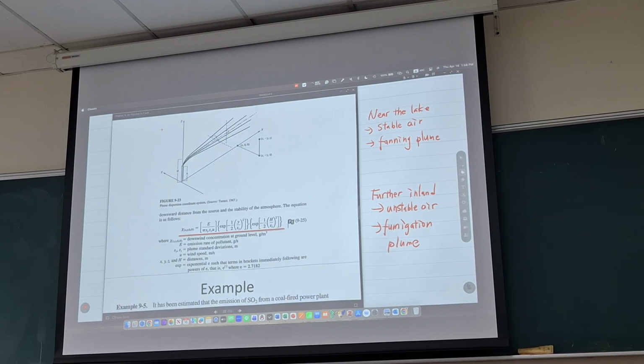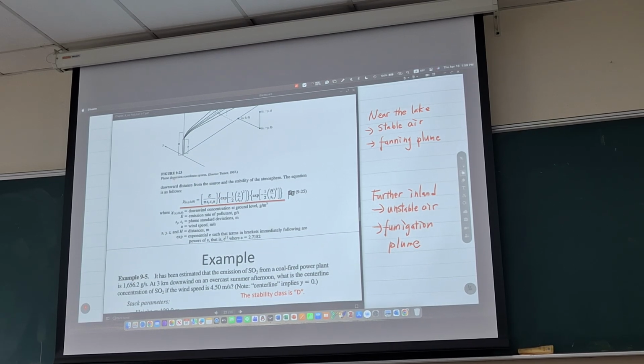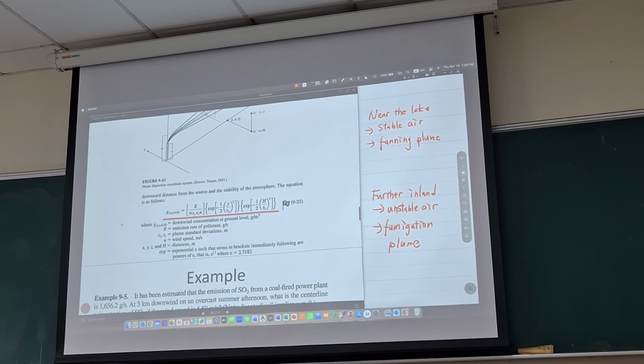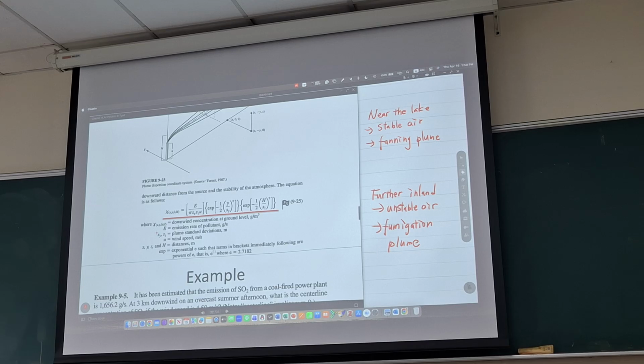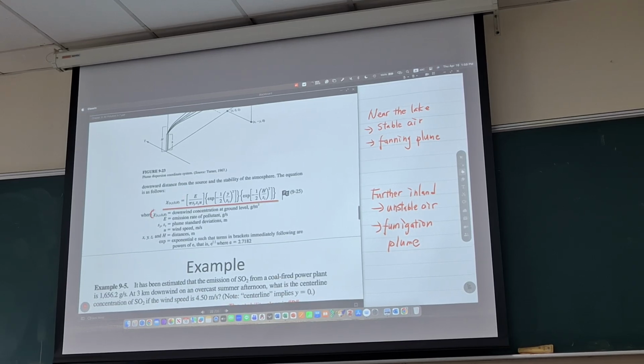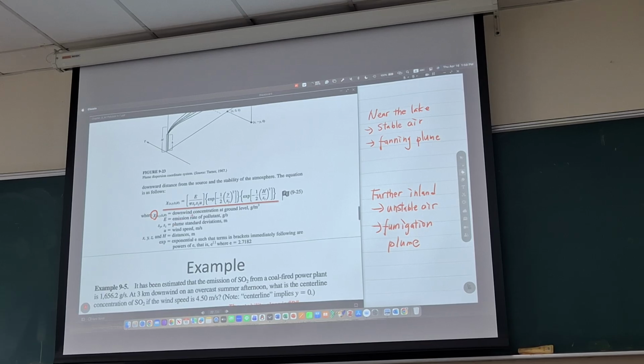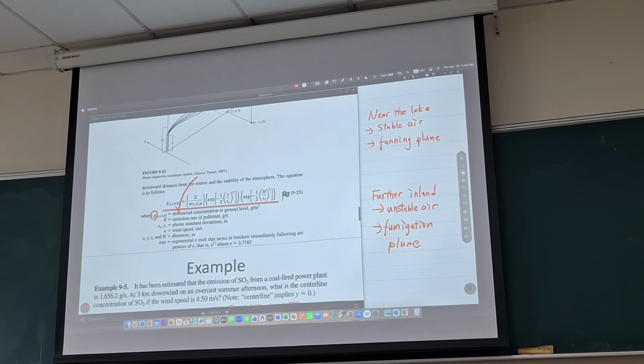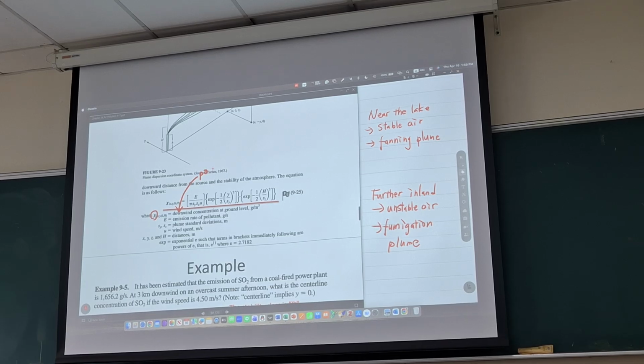The equation is shown here. So this X means the downwind concentration, which means the pollutant concentration.